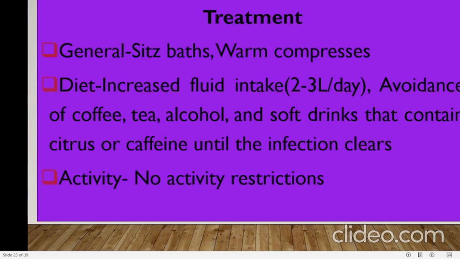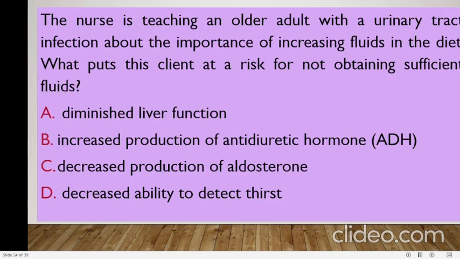On activity, there is no activity restriction, although we encourage the client to void frequently, within 15 minutes before and after sex, and every 4 to 6 hours when awake.